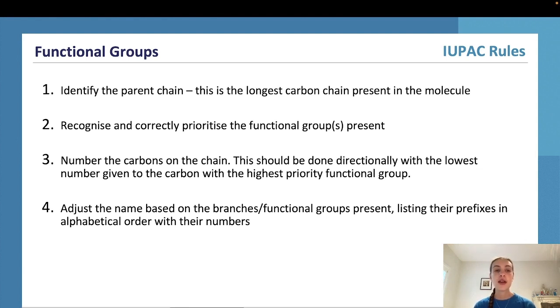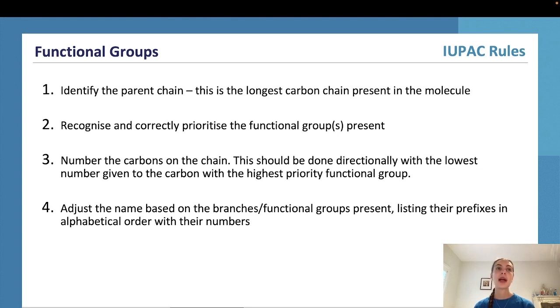Our first step in naming any organic compound is that we need to identify what the parent chain is. The parent chain is going to be whatever the longest carbon chain is that's present in the molecule. Whether that be 5 carbons long, making it a pent molecule, or 10 carbons long, making it a dec molecule, or 2 carbons long, making it an eth molecule.